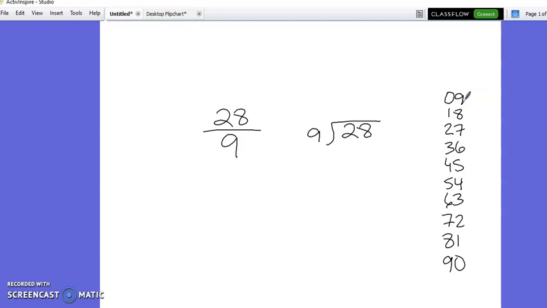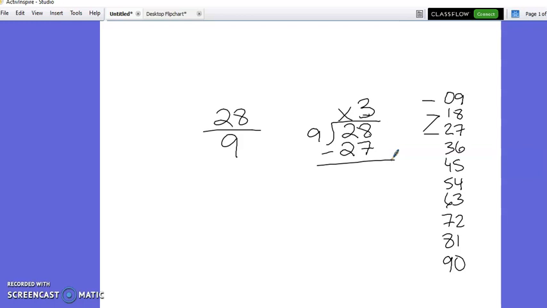Okay? So 9 into 28 goes 3 times without being too big. Now remember, oh, by the way, 9 doesn't go into 2, so I can hold that spot. So 3 times 9, 27. I do not want to make this a decimal. I'm going to make it a mixed number.